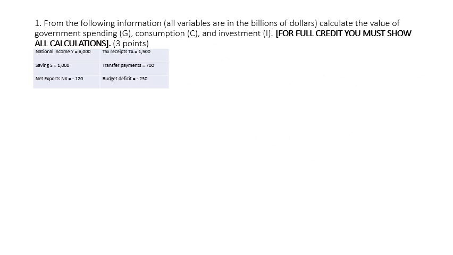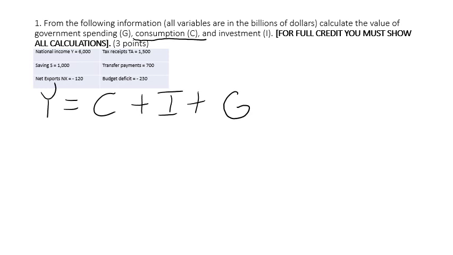And lastly, we calculate consumption. All right. So I guess the quickest way to do this is to do it this way. Y is equal to C plus I plus G plus NX. So we're calculating for C, right? That's what we're trying to solve for.